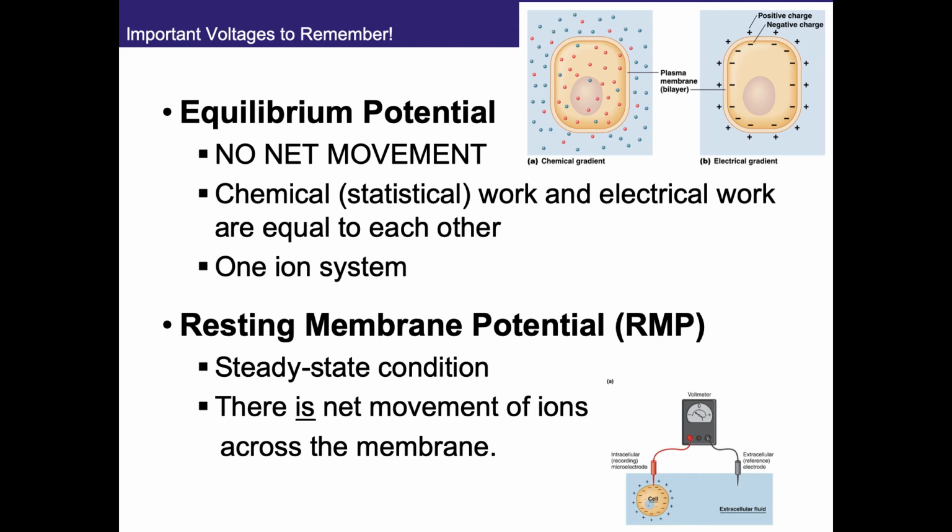I'm just going to give you a couple of equilibrium potentials. You know how to calculate equilibrium potentials now. Let's say we already calculated the equilibrium potential for sodium, and we calculated it to be plus 61 millivolts.